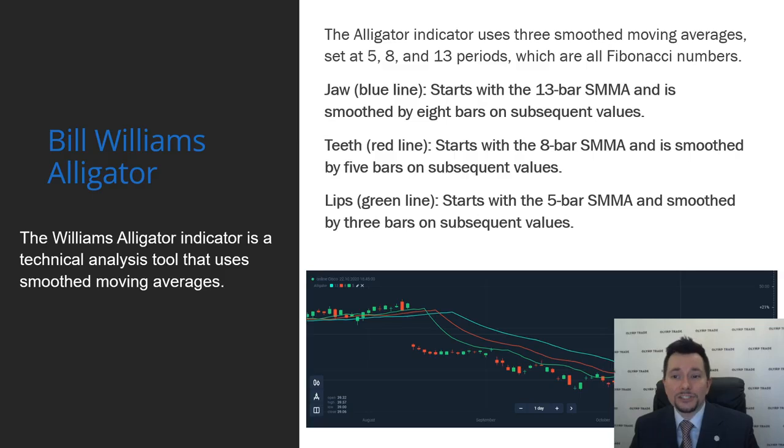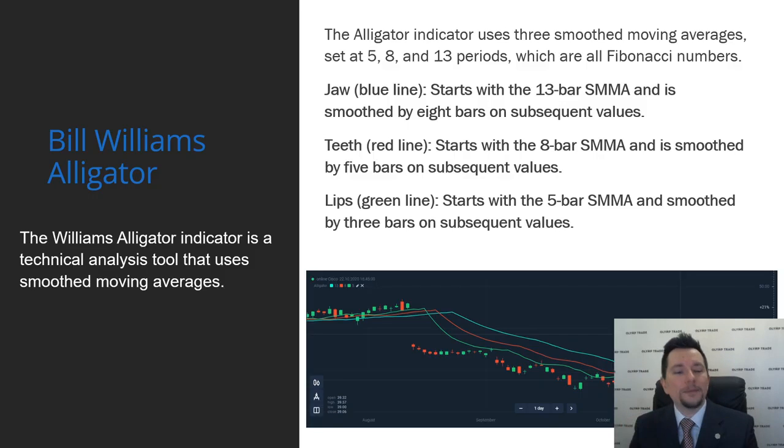Now, the moving averages that are used in this indicator are 5, 8, and 13, and they all happen to be Fibonacci numbers. So for those of you that use Fibonacci retracements in your trading, and you all should be, the alligator falls into that category of wavelength measurement.